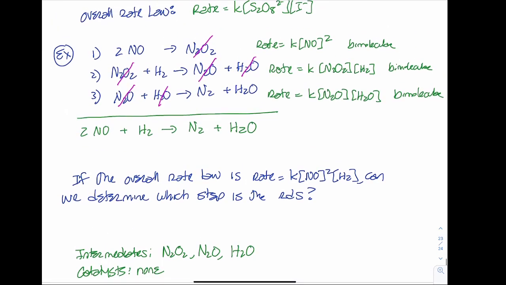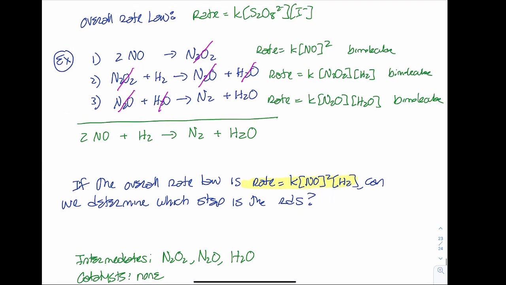So our question then, if this is my overall rate law, can I tell which is the slowest, right? Which step is rate determining? I know that if my first step was rate determining, then this would be my rate law, right? If the first step is rate determining, then the rate law for the overall reaction is the same as the rate law for that first rate determining step.